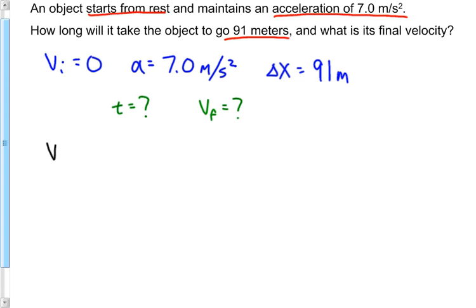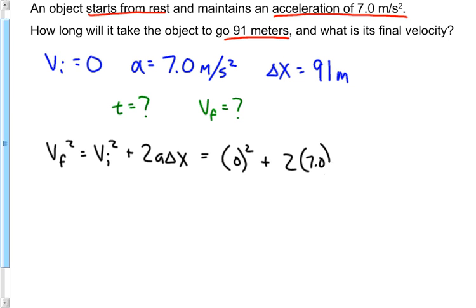So here's one of our kinematic equations right here. Vf squared equals vi squared plus 2a delta x. And let's plug in the things that we know. So I'm going to solve for final velocity here. My initial velocity was just 0. It doesn't matter if I square that. I'll show it to you anyways. 2 times the acceleration was 7.0 times the displacement we were looking for was 91.